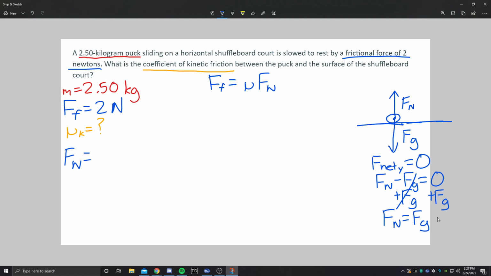Fg is equal to mg, right? That's the formula for force due to gravity. So if Fg is equal to mg and Fn is equal to Fg, we can just say Fn is equal to mg, right? Because it's basically the same logic here. If A is equal to B and B is equal to C, then A must equal C, which is basically what we're doing here.